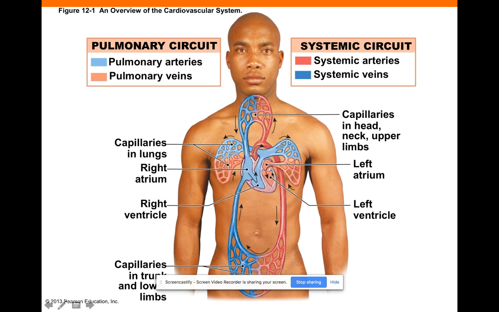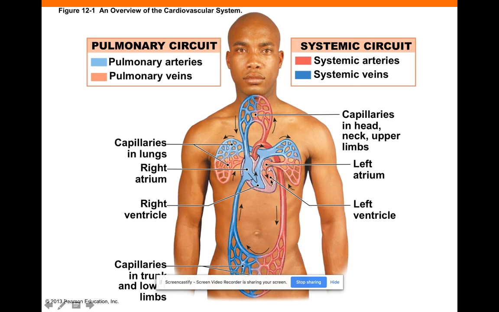On this left side of the heart, this is going to be your most muscular side. This is the stronger side of your heart. It has to be, because when this side of the heart pumps, it is responsible for pumping blood to the entire body, whether it be up to your upper limbs or your head, or your lower limbs down here in the lower part of your body.